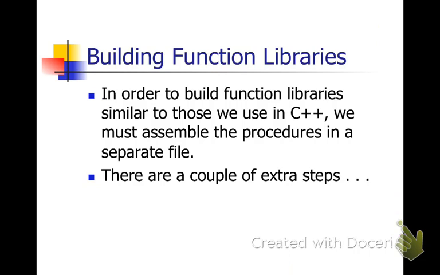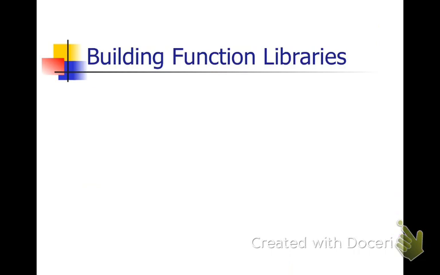So let me show you what this is going to look like, okay? So, first thing, I've got a new directive, and it is public. The public directive is used to make procedure names visible outside the file containing them.